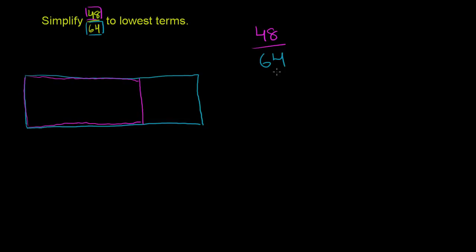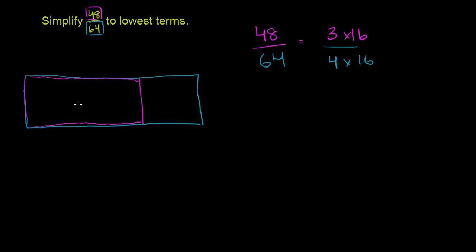You could do it by just thinking about it, or you could write out all the factors for 48 and all the factors for 64. The one that pops out at me as the largest that goes into both is 16. So you could say that 48 is 3 times 16, and 64 is 4 times 16.